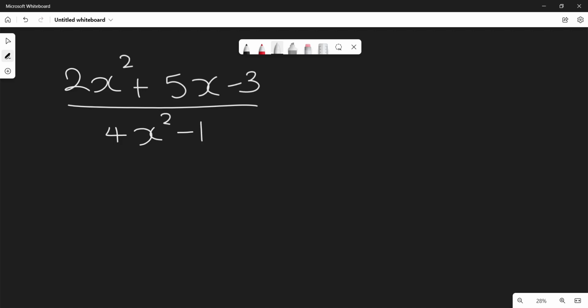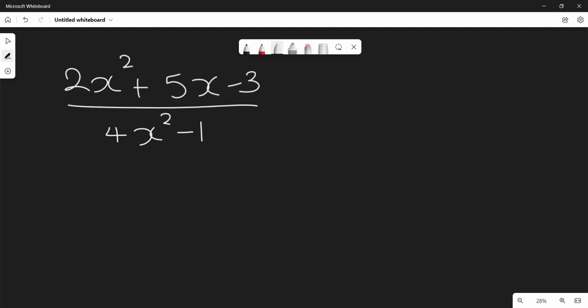So by now we should all be singing: factorize first, then eliminate or reduce, right? So we know the numerator is a quadratic, so we are going to solve our quadratic.